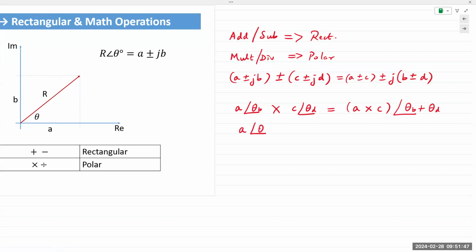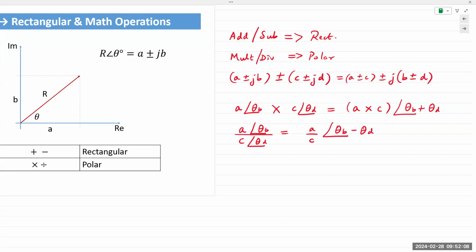And if you perform division, the magnitudes get divided and the phase angles are subtracted, numerator minus the denominator.